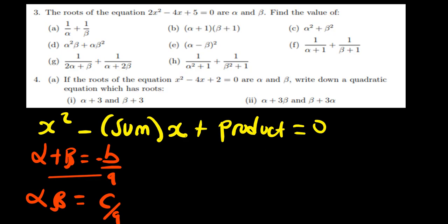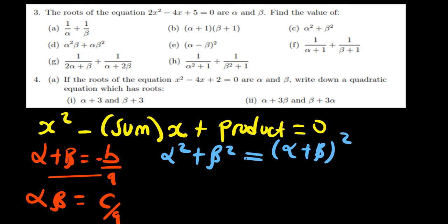Then other equations that you need to understand: most students tend to make a mistake where, because you've seen a question like alpha squared plus beta squared, and you are in a hurry, you say this is just the same as alpha plus beta, then you square like that.